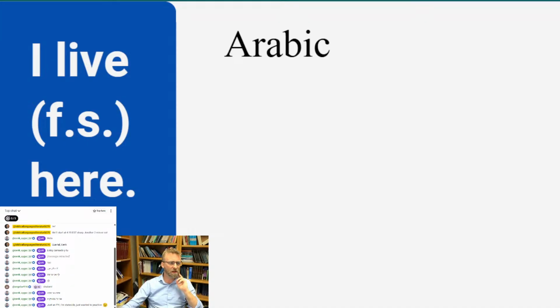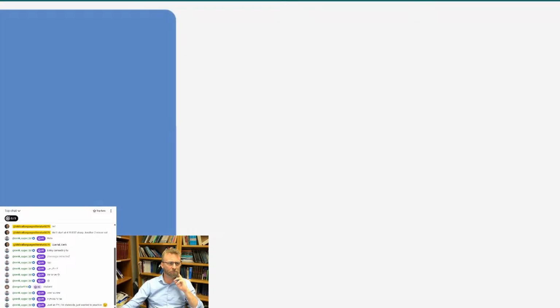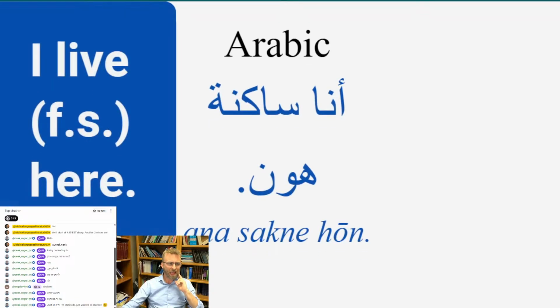All right, I live here for a female. In Arabic, we get ana sakne hon, ana sakne hon. By the way, I wanted to mention this, that some of you might have found this curious. Why isn't it sakna?